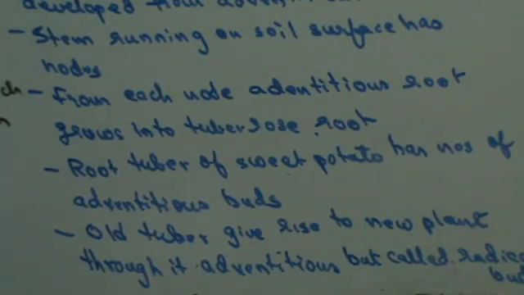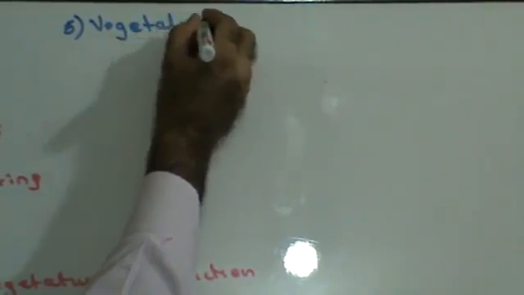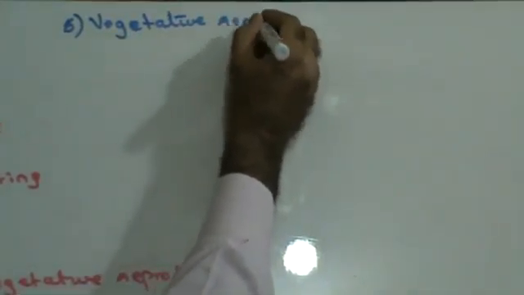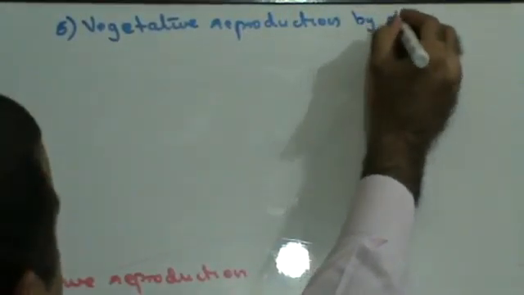Okay, next you could also have vegetative reproduction by stem.